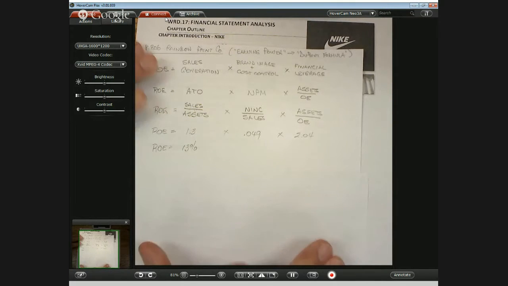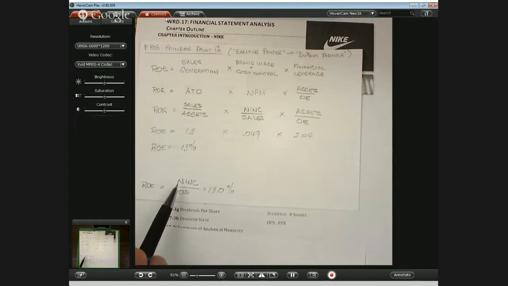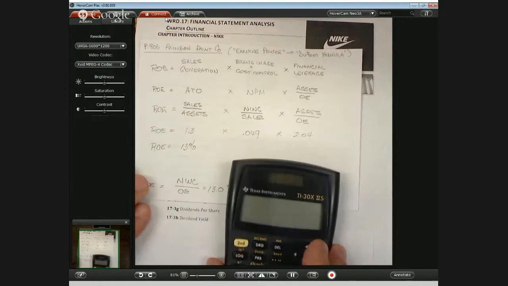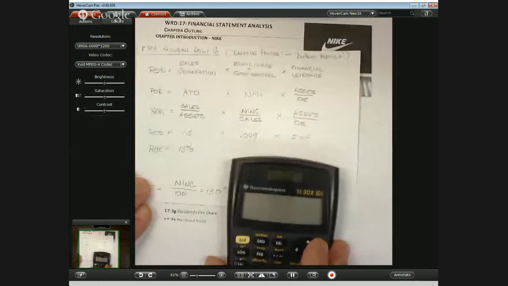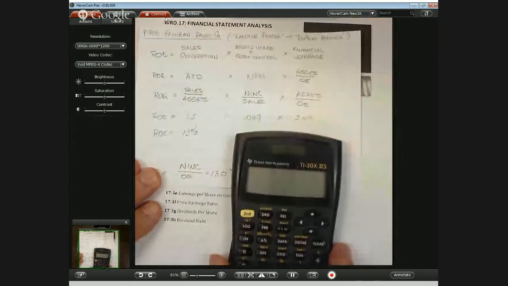Okay, now let's see how this rolls out. If we calculate the return on equity, which for the company is the net income divided by the owners' equity, we would find that that would be 13%. Now, here comes the aha moment with this DuPont formula. Go ahead and get your calculators, and let's see how this works.